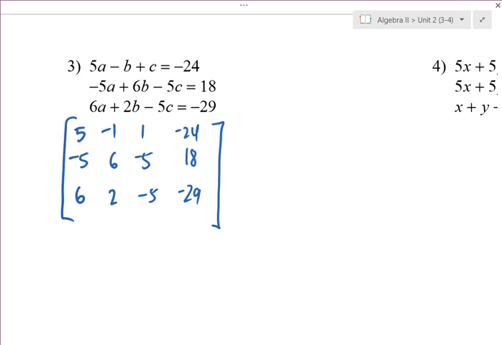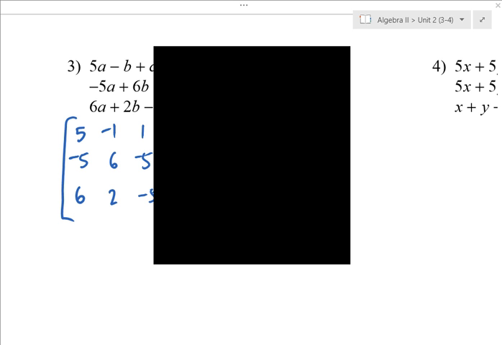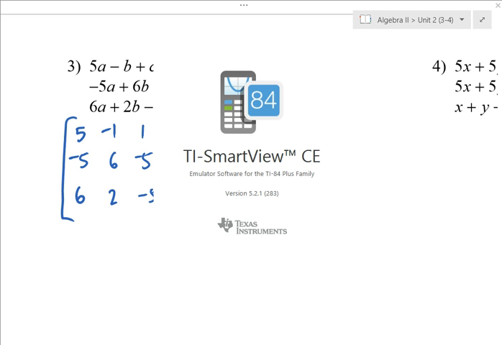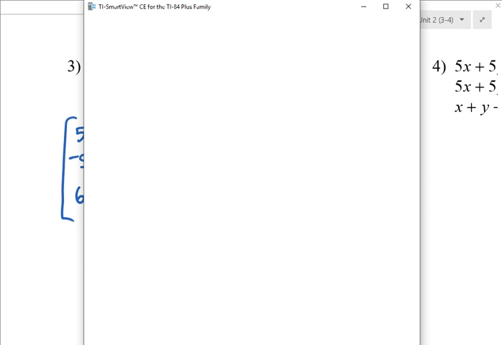Now take out your calculator. And we're going to let our calculator do a lot of the cumbersome grind work to put it in reduced row echelon form.